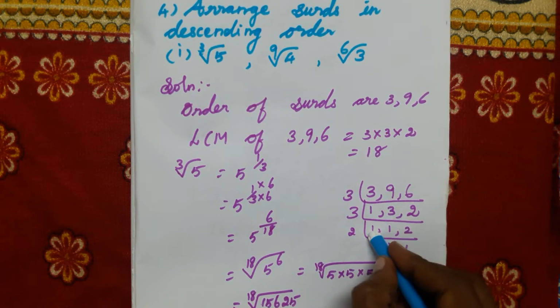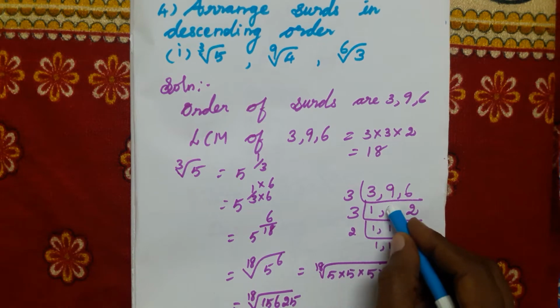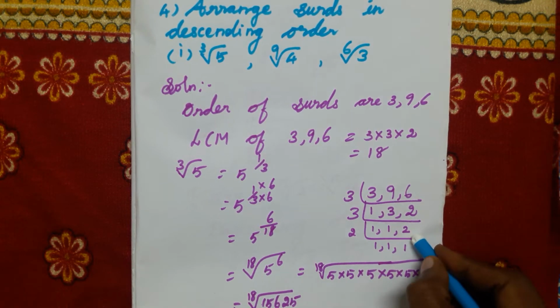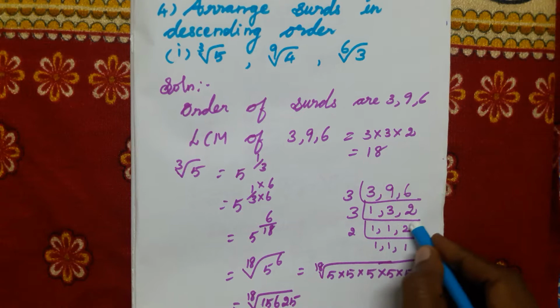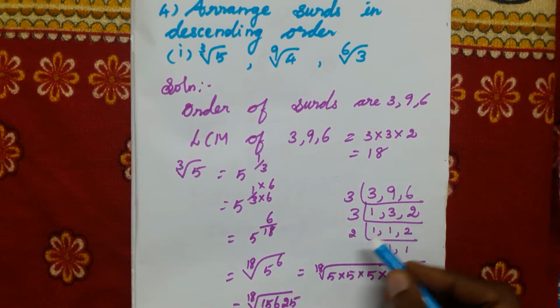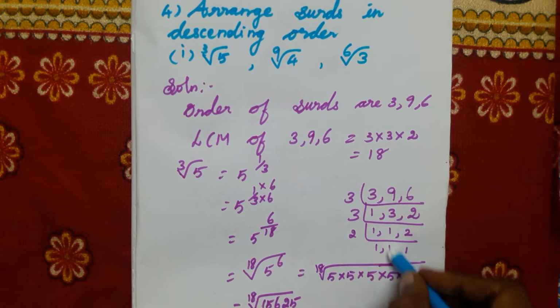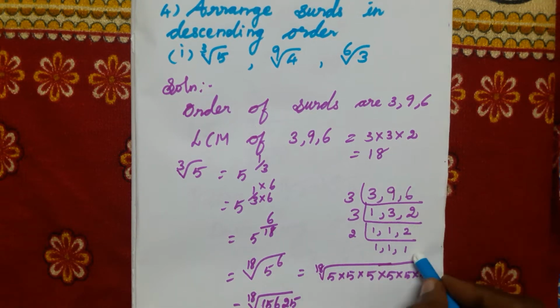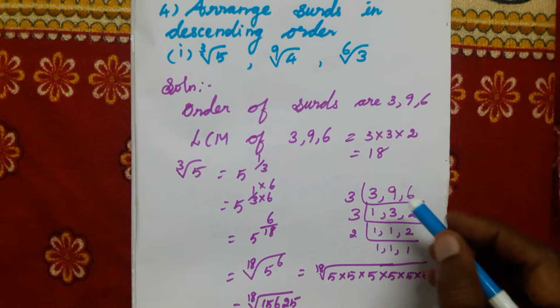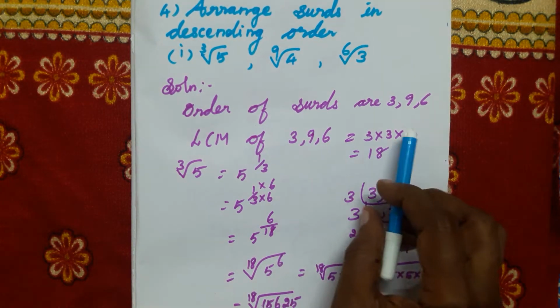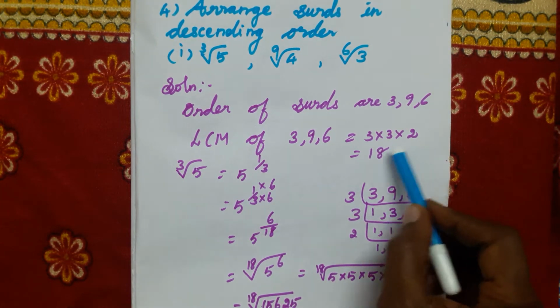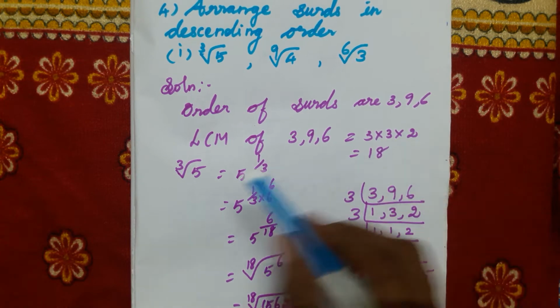So 1 we have to write the same. 1 3 is 3, 2 we write the same. Next this 2 we can factorize with 2 table. 1 same write 1. Next 1 2 is 2. So the LCM of 3, 9, 6 is equal to 3 into 3 into 2 is equal to 18.